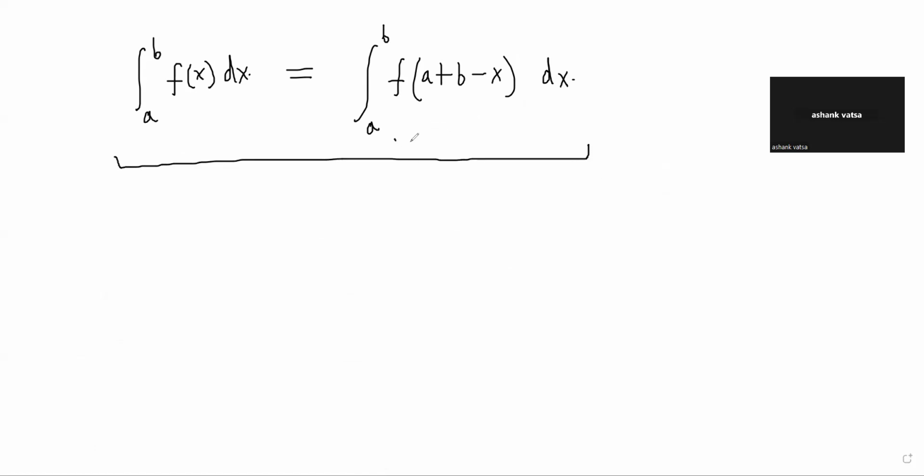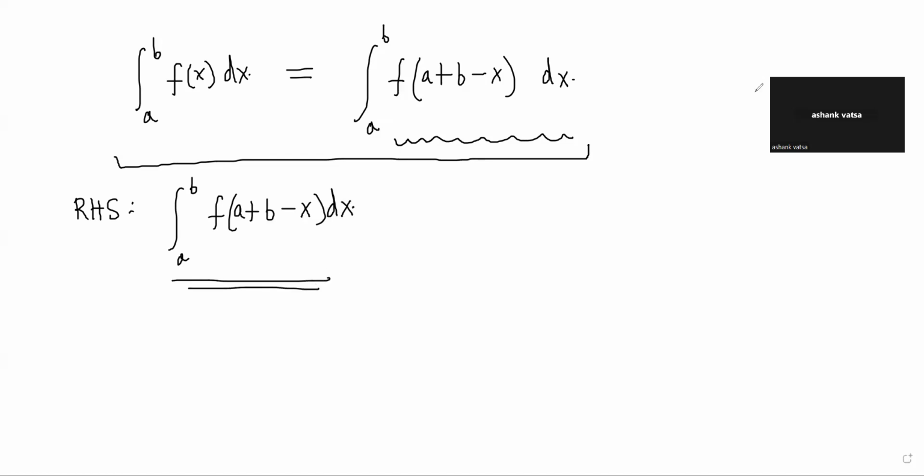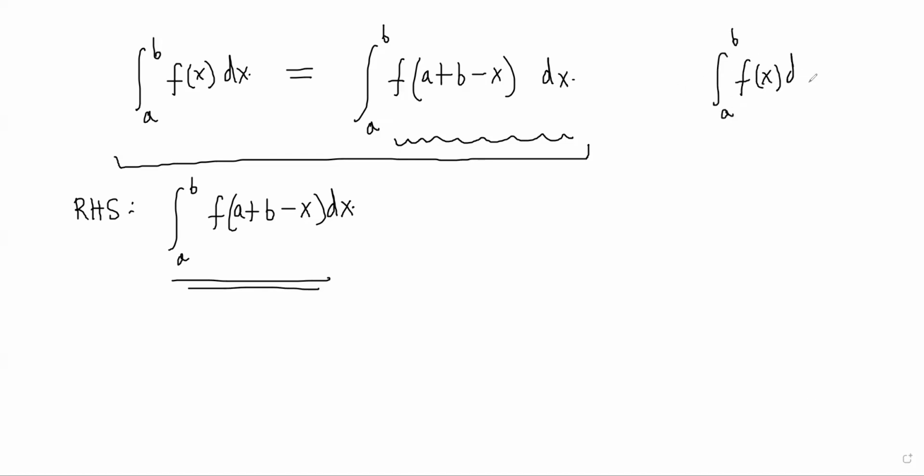What we will do is work with the right hand side, which is the integral from a to b of f of a plus b minus x dx. One thing you need to know before we discuss this property: the integral from a to b of f of x dx is the same as the integral from a to b of f of t dt, because the change of variable doesn't matter as long as it is just a dummy variable, x or t.